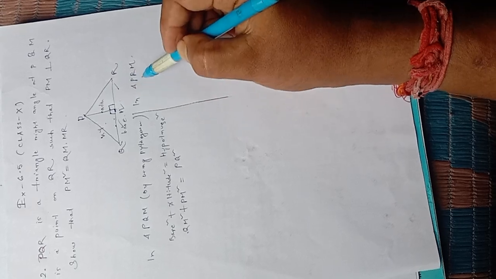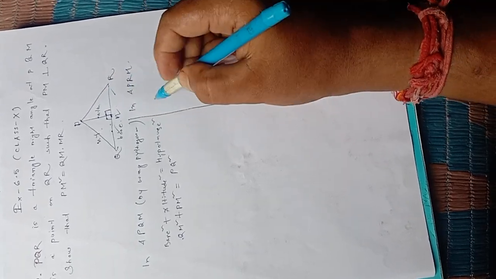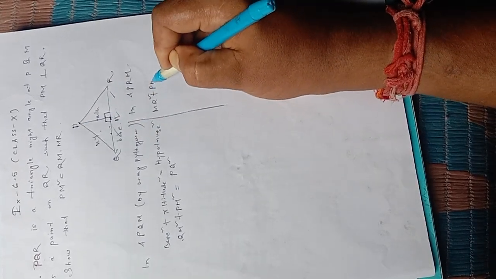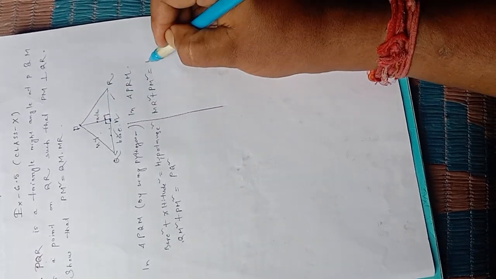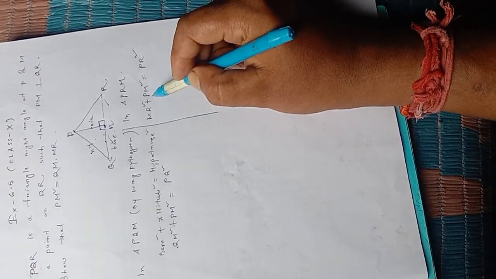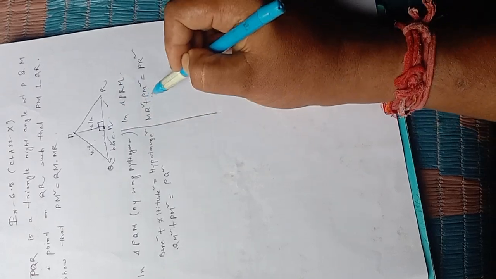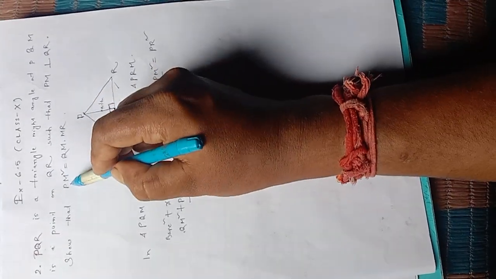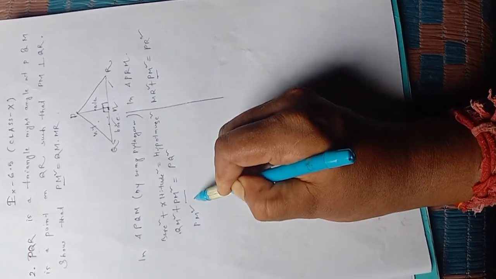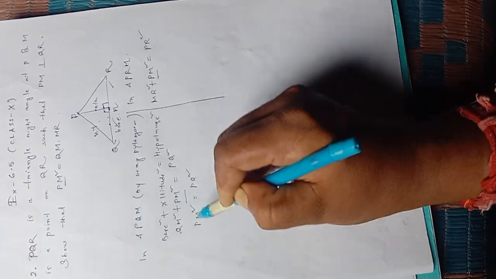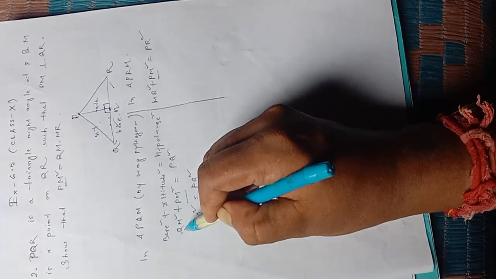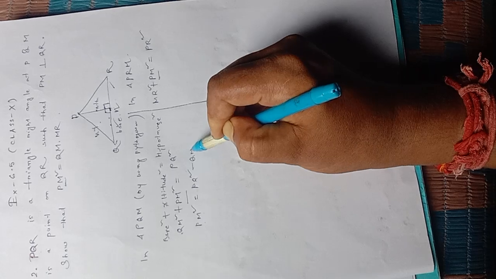Now in the second triangle, base is MR square, altitude is PM square, and hypotenuse is PR square. In both cases there is one common term, the altitude PM square, and we have to find PM square equal to QM into MR. So change the position: keep PM square here, and on the other side of the equal sign PQ square will remain same, minus QM square.